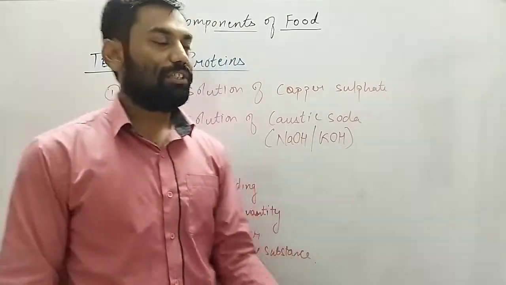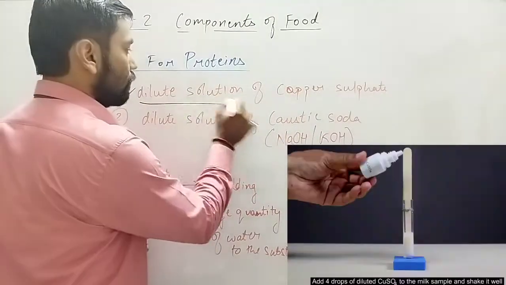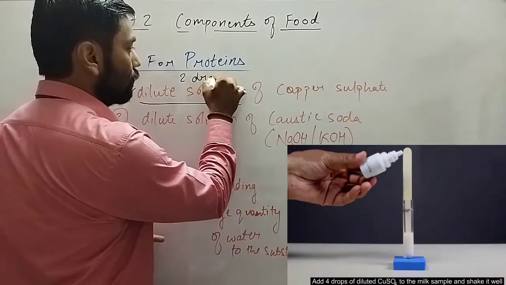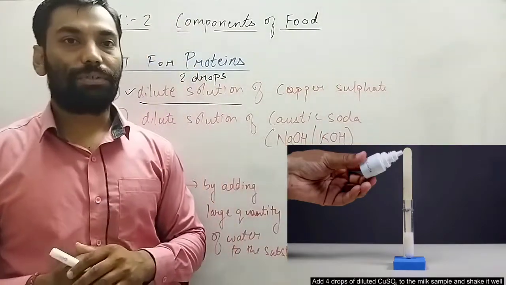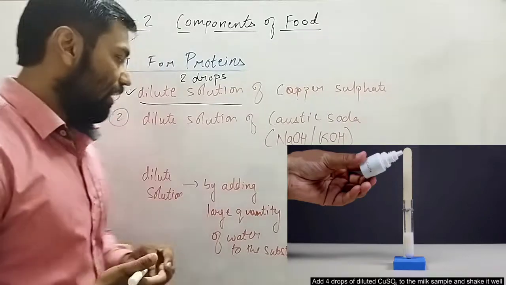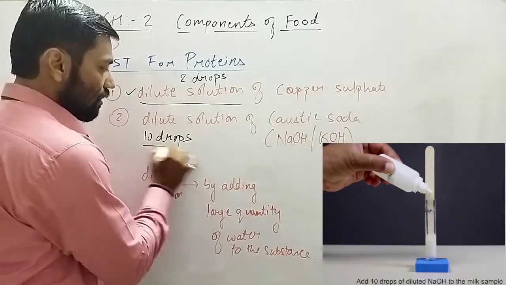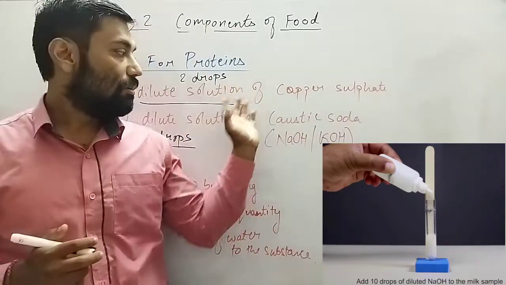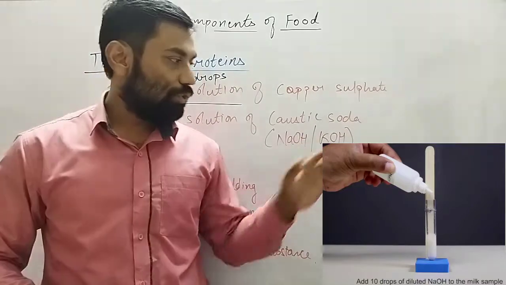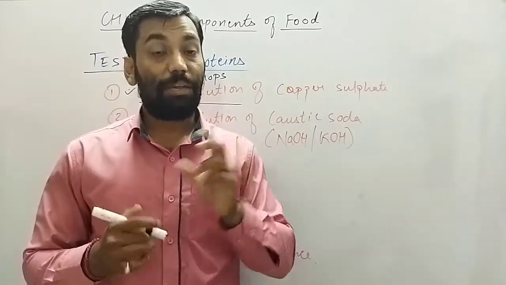Then we add 2 drops of copper sulfate solution, and after that 10 drops of caustic soda solution, both of which we have already prepared. After adding, you have to shake it and keep it for a while.